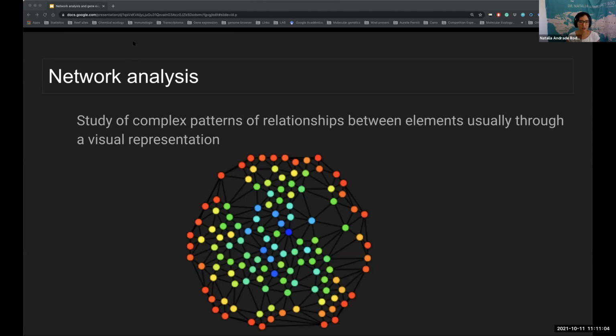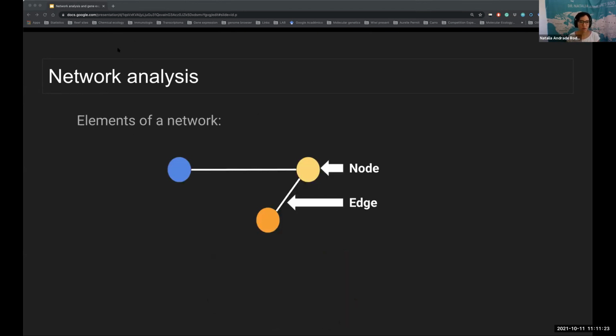It can be used on many types of data. You only need what is called an adjacency matrix, but your data itself can be of anything. So just some basics about networks.